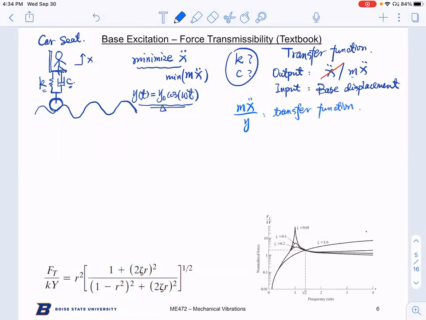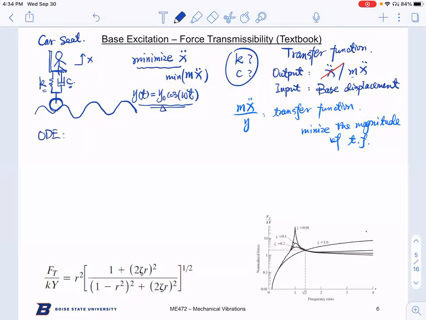We want to minimize the amplitude or magnitude of the transfer function. Let me simplify it, because in some textbooks they usually use TF. That stands for transfer function. In order to find your transfer function, you have to go back to your ODEs.